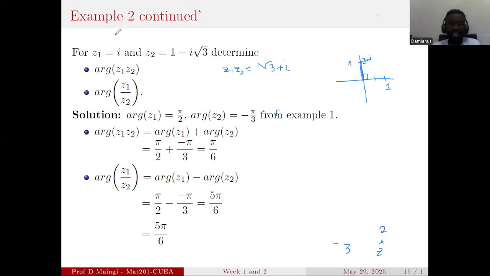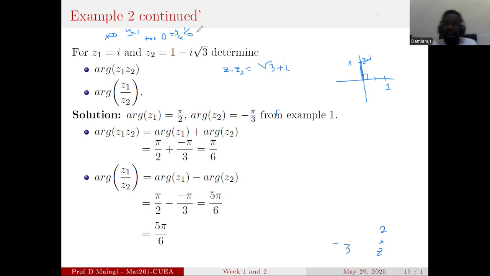Or if you don't like that, you can just say x is 0 and y is 1. The rectangular form of this number Z1 is 0 plus I, or 1I. So the real part is 0, and the imaginary part is 1. So theta, tan theta equals y over x, but y is 1 and x is 0, so it's 1 over 0.